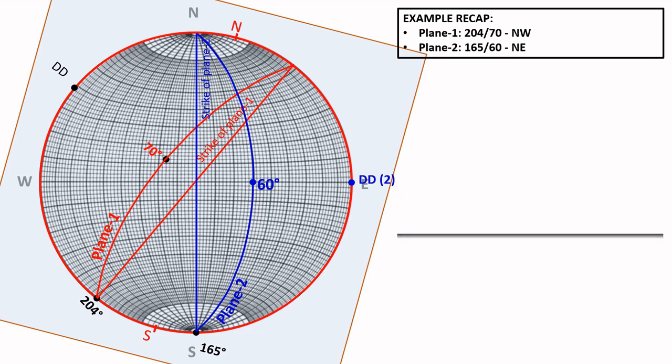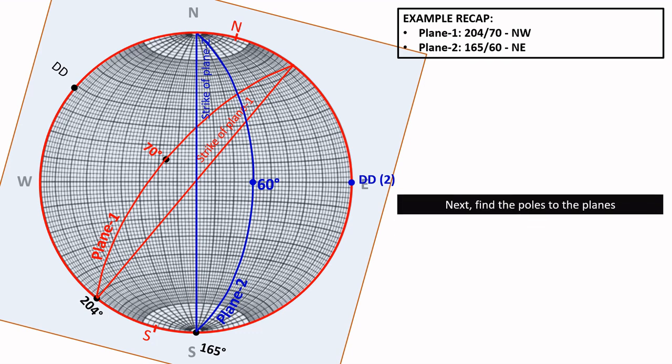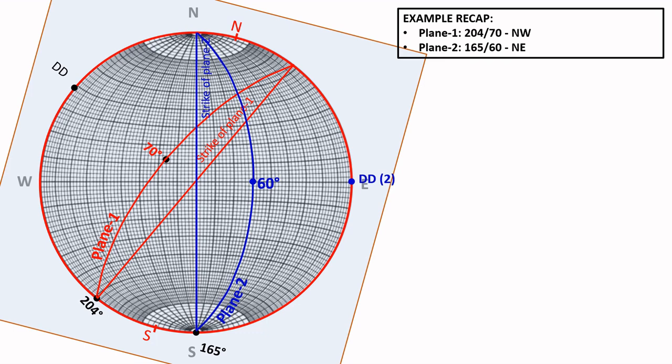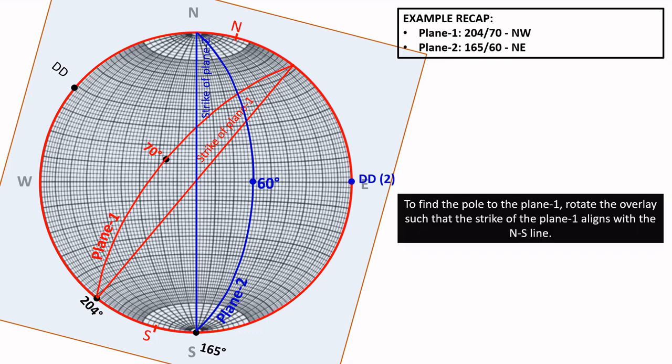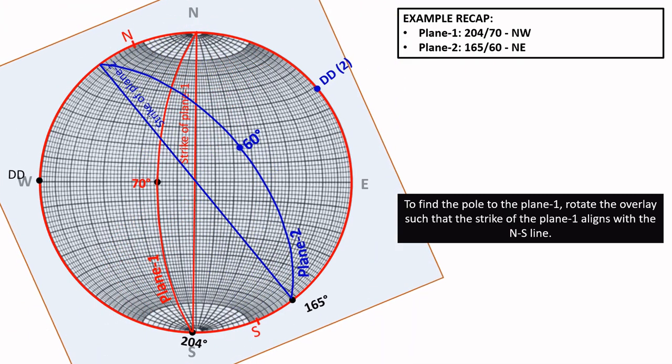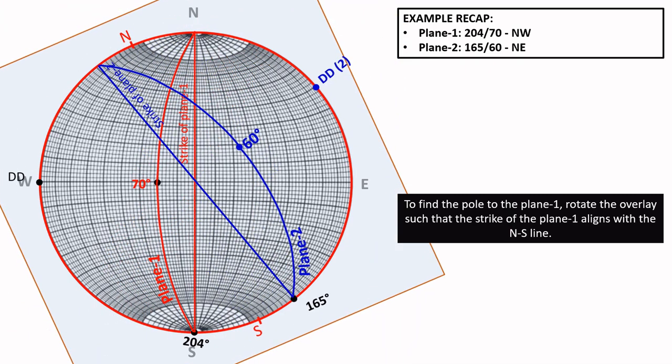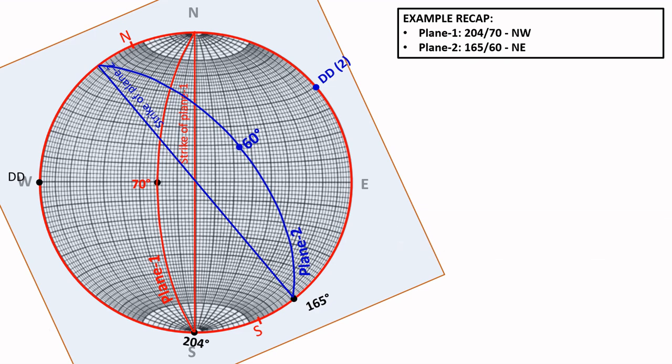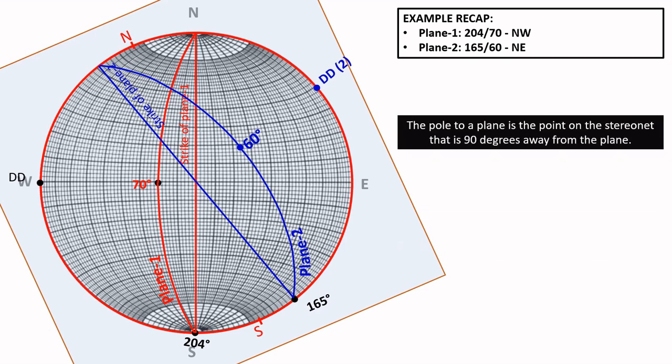Next, find the poles to the planes. To find the pole to plane 1, rotate the overlay such that the strike of plane 1 aligns with the NS line. The pole to a plane is the point on the stereo net that is 90 degrees away from the plane.